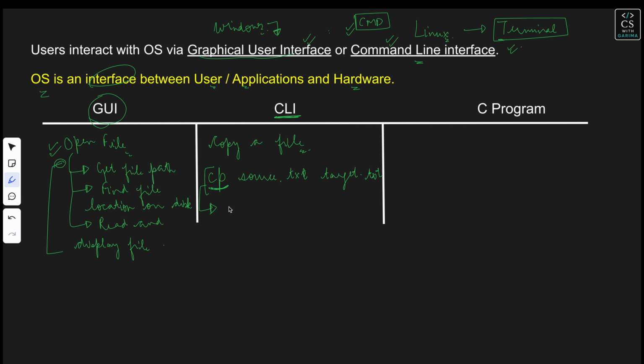So first of all, it would be required to open both files. Then the overall operation that needs to happen is that we need to copy the text of the source file as it is to the target file.